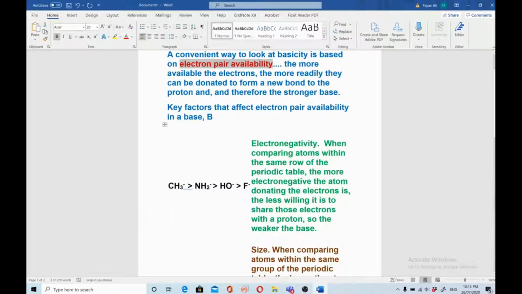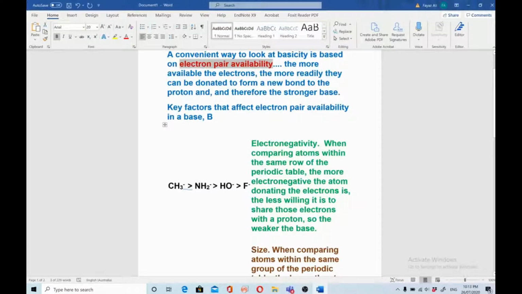If you look at CH3 negative, NH2 negative, OH negative and fluoride ions, these are elements which belong to the same period, period 2, of the periodic table. If you move from carbon to nitrogen, then oxygen, and then fluorine, the most electronegative element is fluorine and the least electronegative is carbon.